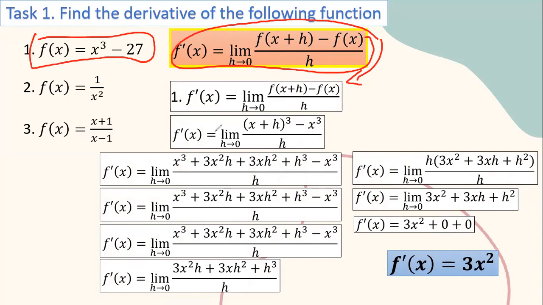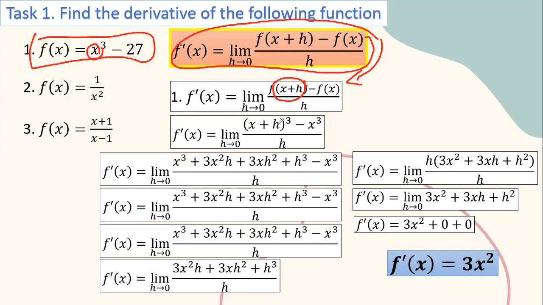Substitute. So f of x plus h, we will just have to substitute buong x plus h sa ating function, okay, sa ating x. So f prime of x is equal to the limit of x plus h cubed. Okay, parang ipinasok natin tong buong x plus h dun sa x.